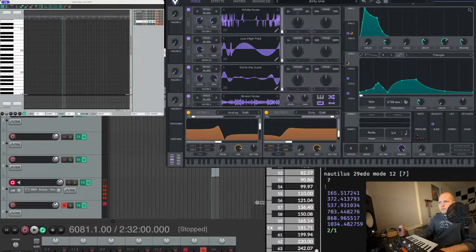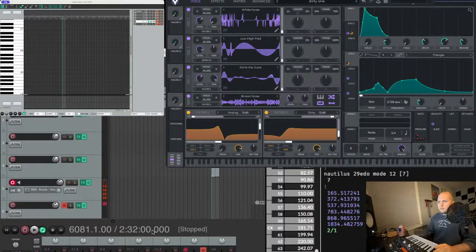So, what are we doing today? Oh yeah, we're gonna keep going with 29 Edo Nautilus. Last night I came up with a kind of a patch. You can hear it. I also came up with an abbreviated scale.